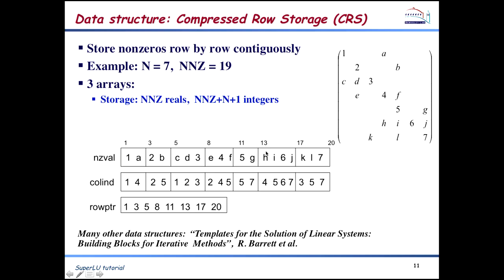So between the 2 pointers here, between 11 and 13, you know that there are 2 non-zeros in the 5th row. Okay. And this is compressed row-wise storage. You can symmetrically have a compressed column-wise storage in the same way. And there are many other compact data structures. You can read this book, Templates for the Solution of Linear Systems.